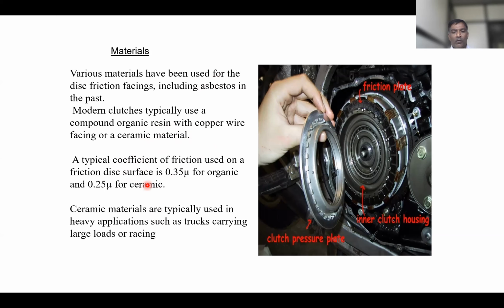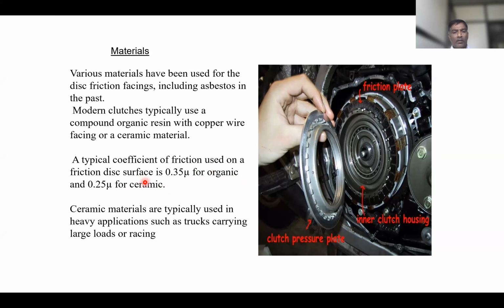You can see what the values of coefficient of friction are. The typical coefficient of friction used on a friction disc is 0.35 for organic and 0.25 for ceramic.